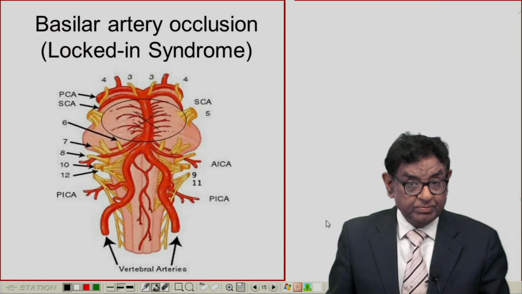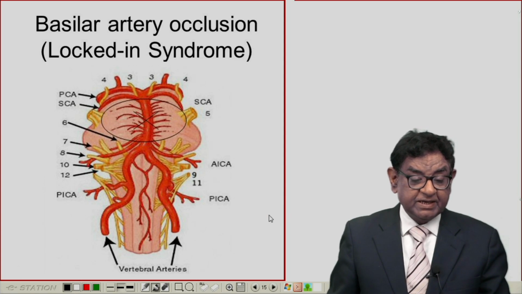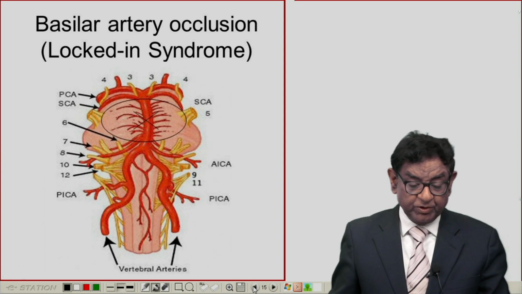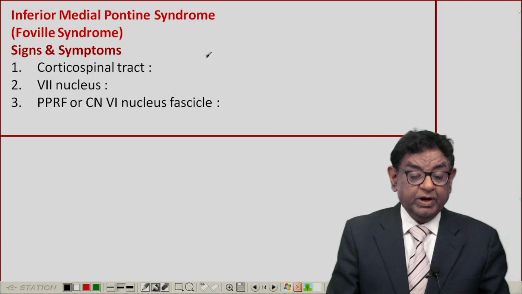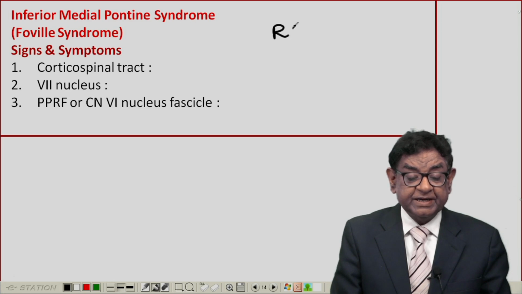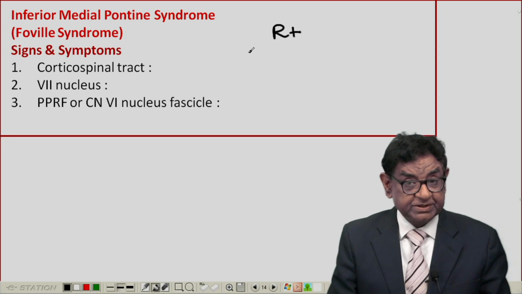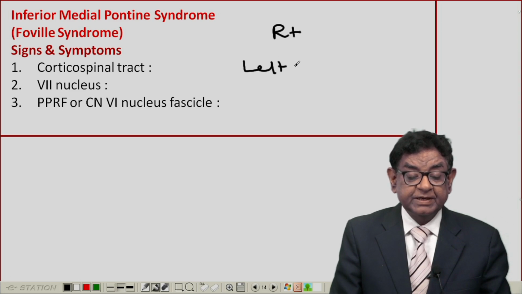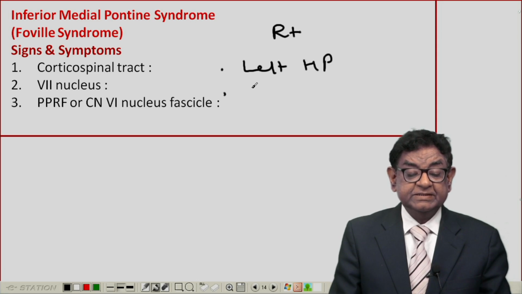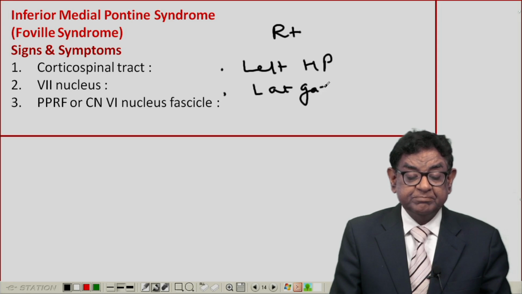Now we talk about basilar artery locked-in syndrome. Again we go back. Look at this. Suppose the patient has right-sided Foville syndrome. So what happened? Right-sided, so there will be left-sided hemiplegia, yes, and there is lateral gaze palsy.